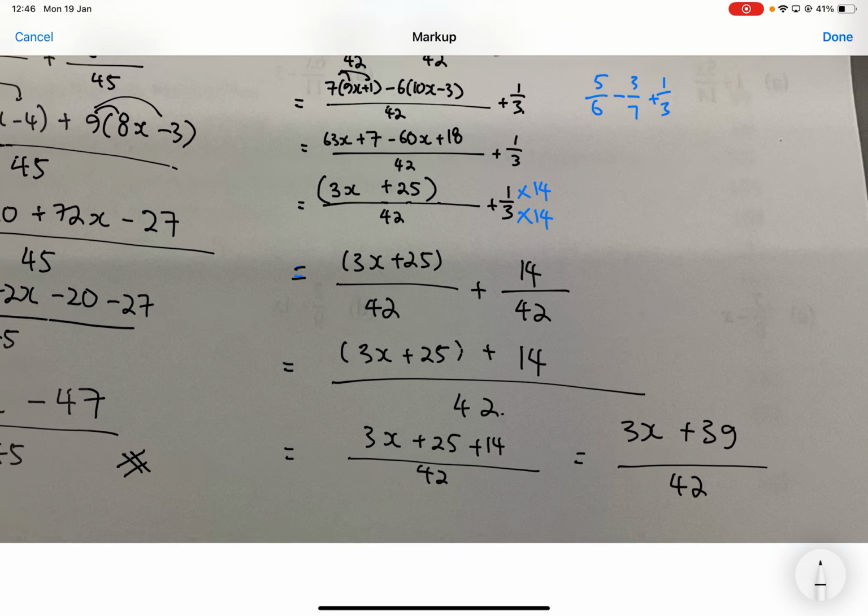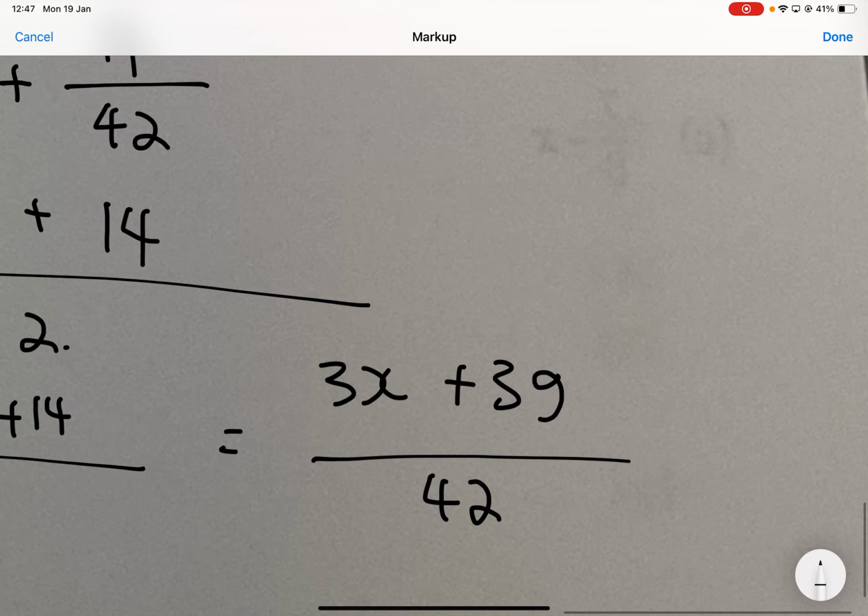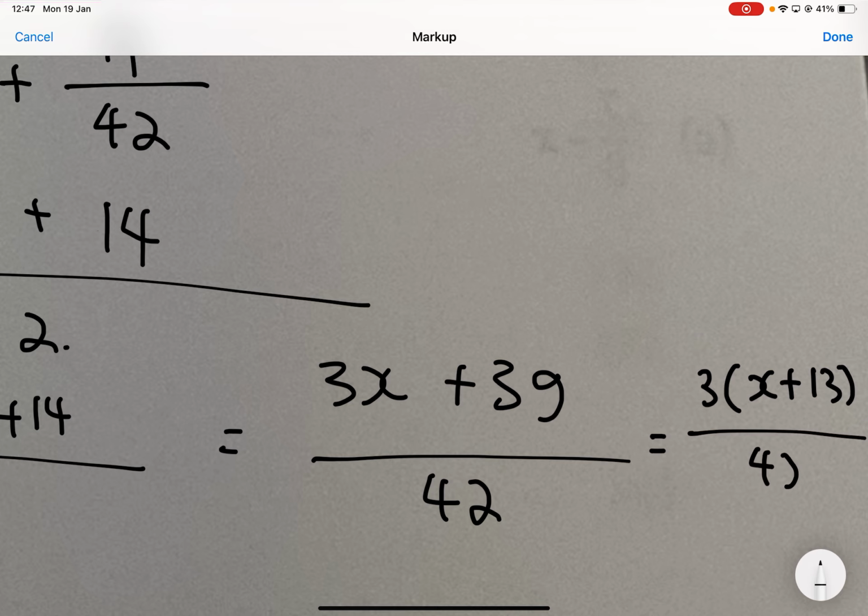Okay? But this question has another step, because 3x and 39 both can be divided by 3. They expect you to know that 3 and 42 can cancel.